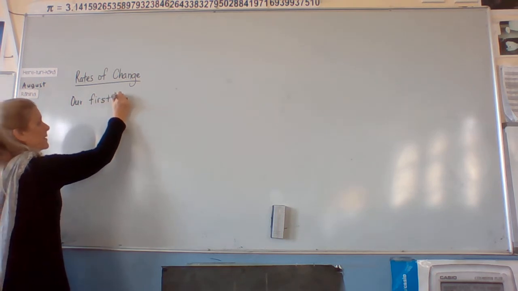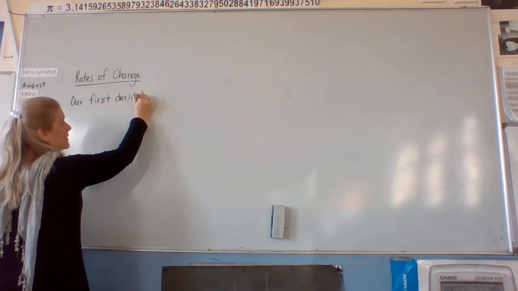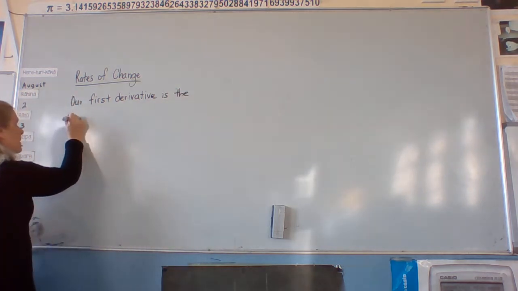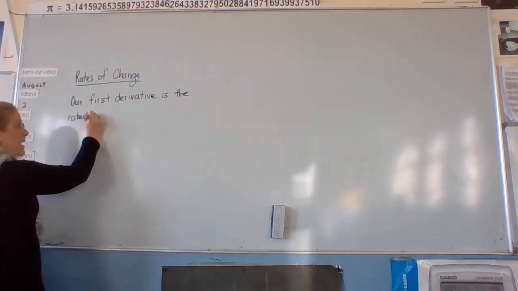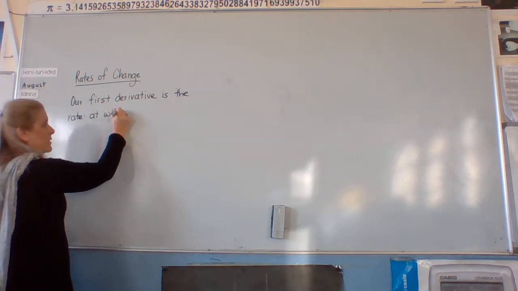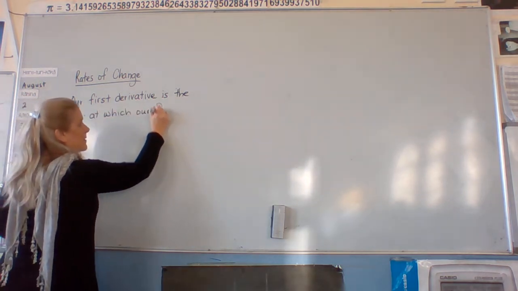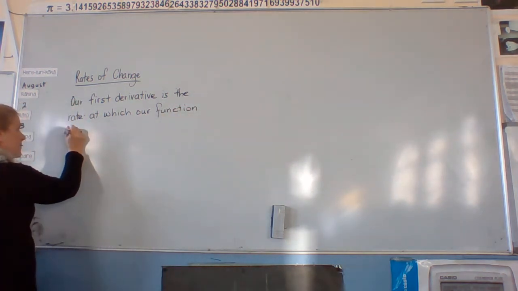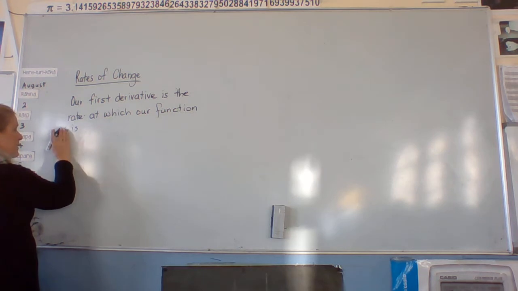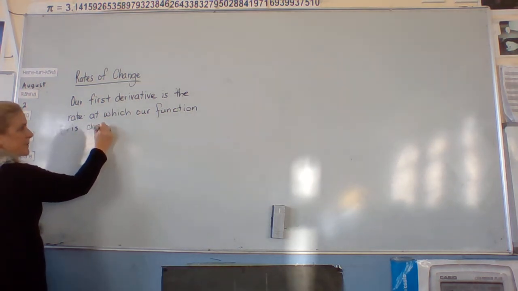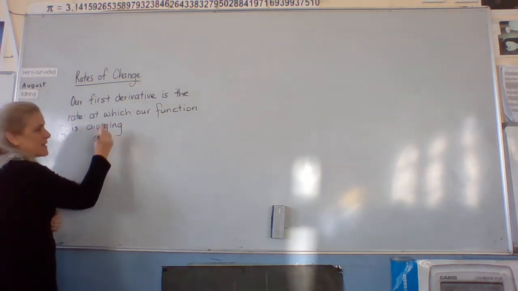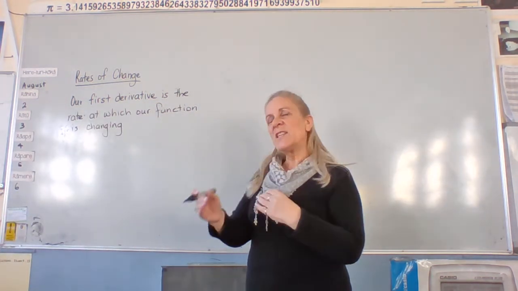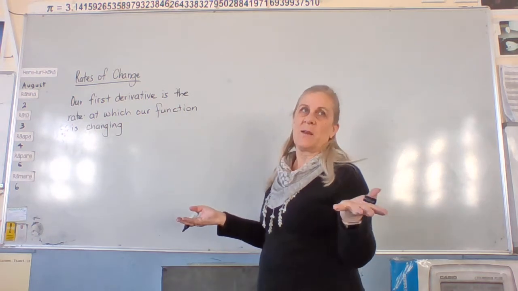That's when the Leibniz notation, that dV by ds or whatever, comes into play.